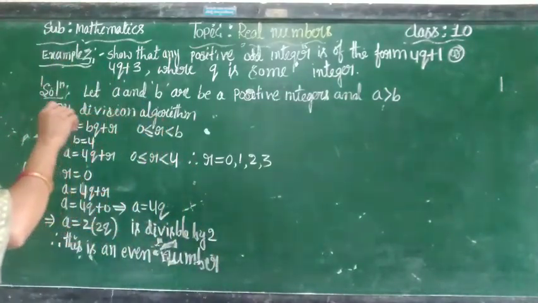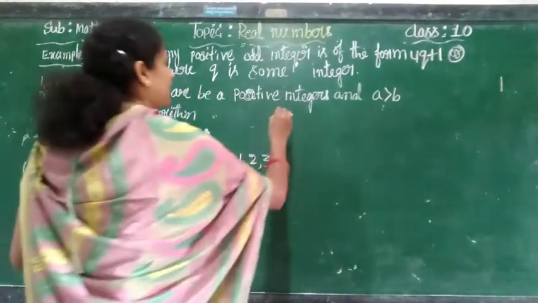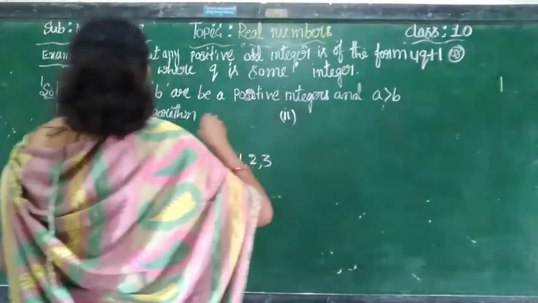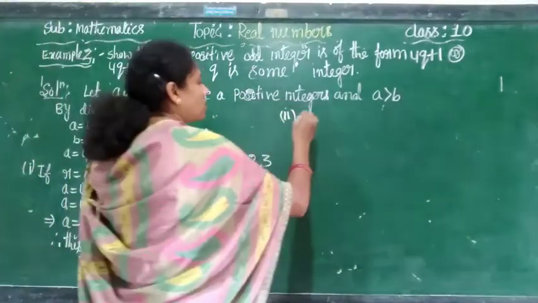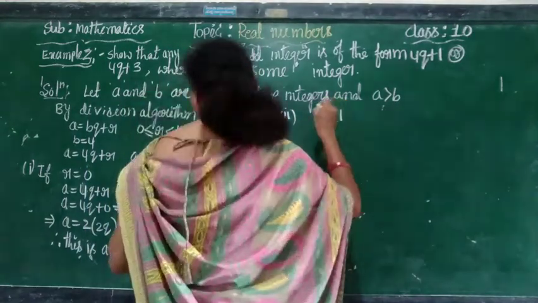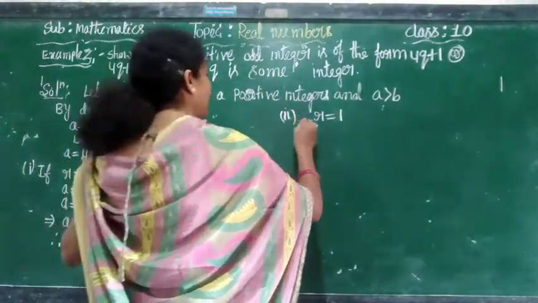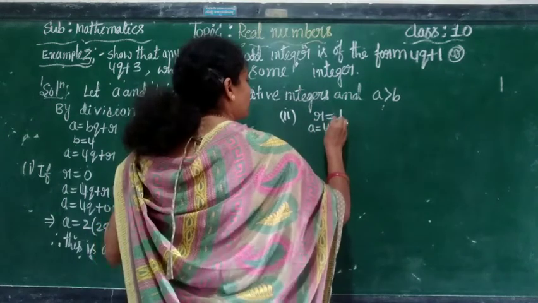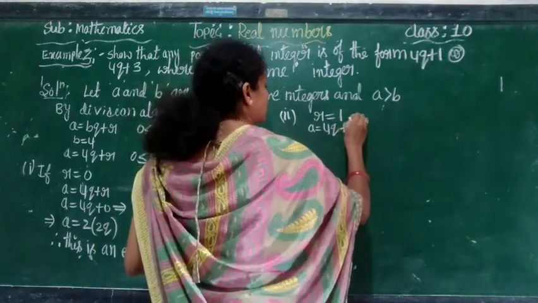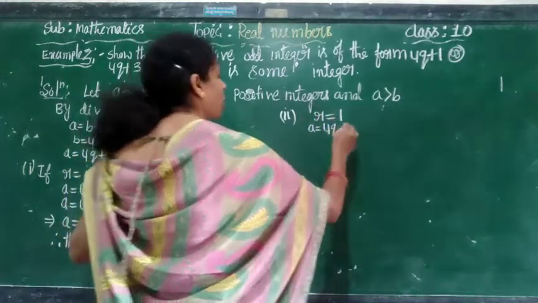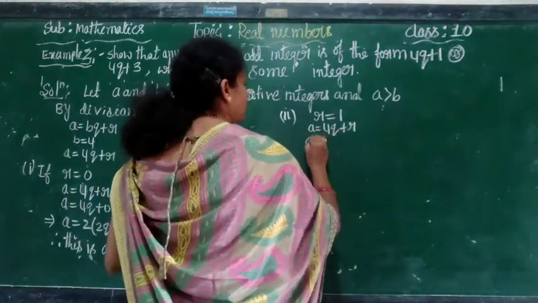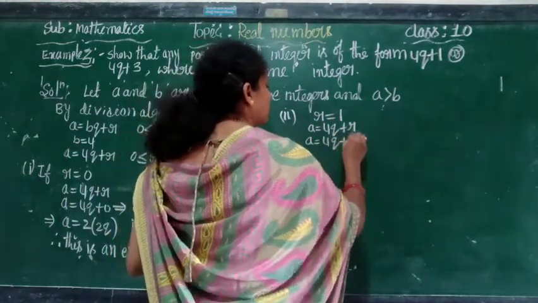So we apply the second condition where r is equal to 1. So a is equal to 4q plus r. A is equal to 4q plus 1.